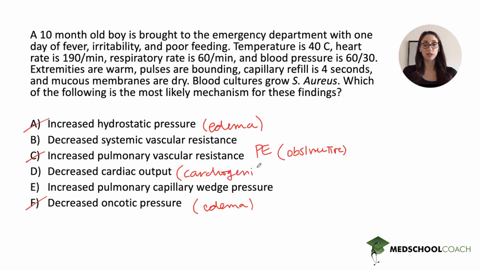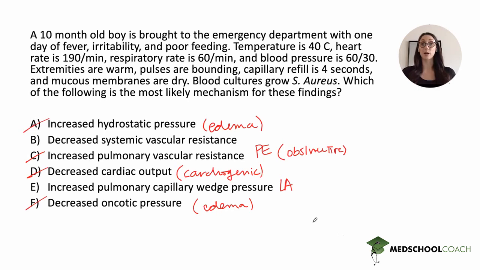It would be increased. And then lastly, answer choice E, increased pulmonary capillary wedge pressure. So remember that your wedge pressure approximates the pressure in the left atrium. And the pressure in the left atrium might be elevated, for example, in the setting of a left ventricle MI or heart failure, where your blood can't pump forward into the systemic circulation.